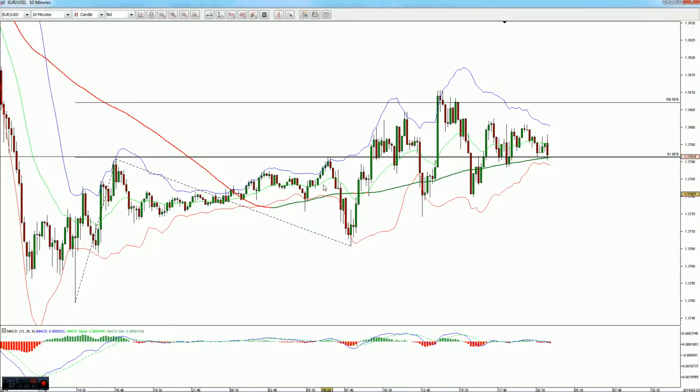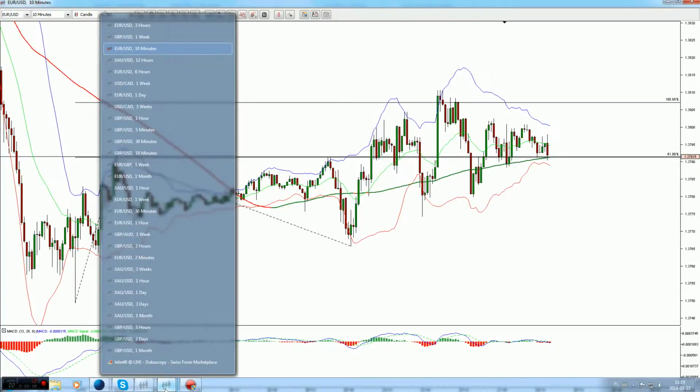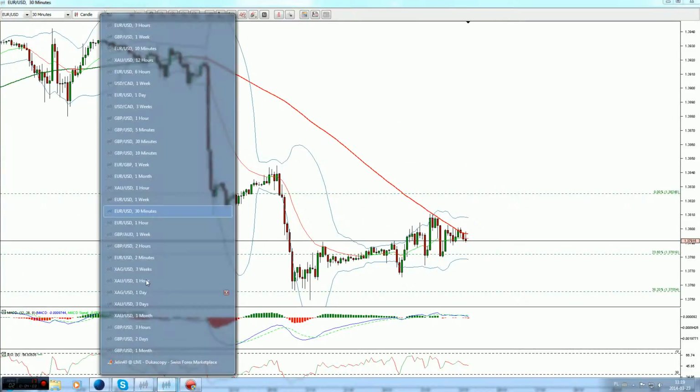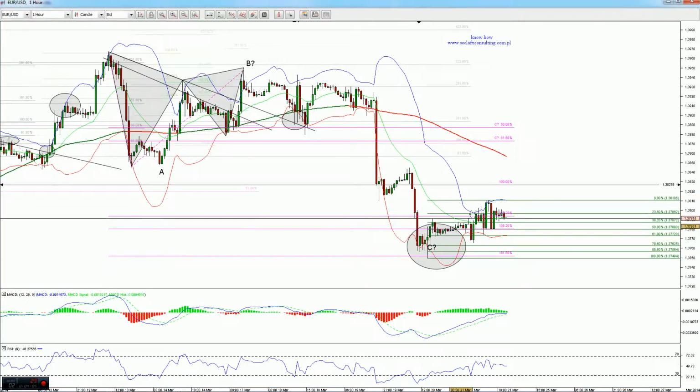So what am I waiting for? I'm waiting for more confirmations, or if this is a first impulse to the upside from here to here. Then I could have a corrective structure in this area, and then the market starts a new impulse to the upside.